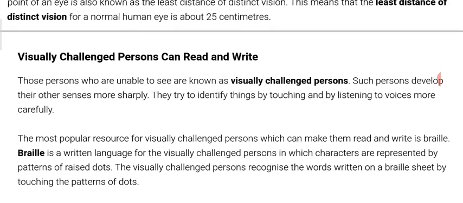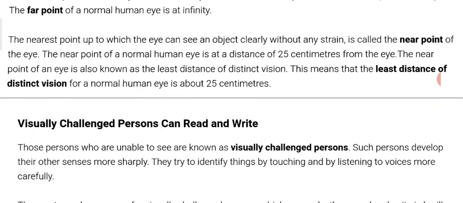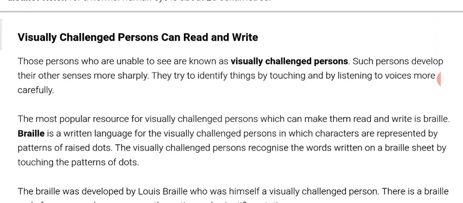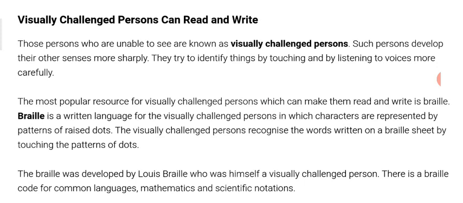Let's move on to the next topic. You should know the least distance of distinct vision, that is 25 centimeters. Now, visually challenged persons can read and write. Those persons who are unable to see are known as visually challenged persons. Such persons develop their other senses most sharply. They try to identify things by touching and by listening to voices more carefully.